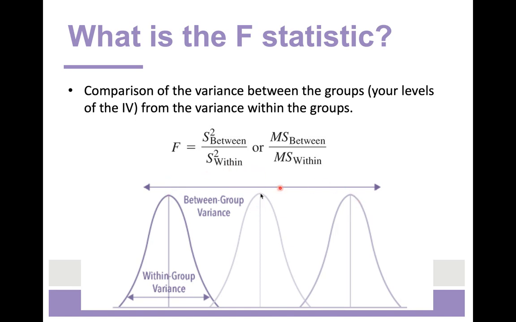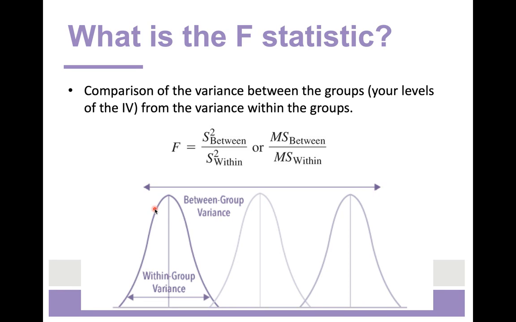Between groups variability is how much group 1 differs from group 2, differs from group 3 on average. Because remember, the claim that we're testing is whether if I give group 1 a different level of medication from group 2 and a different level of medication from group 3, that it will create changes in those groups, right? Those groups of people will start to deviate from one another.